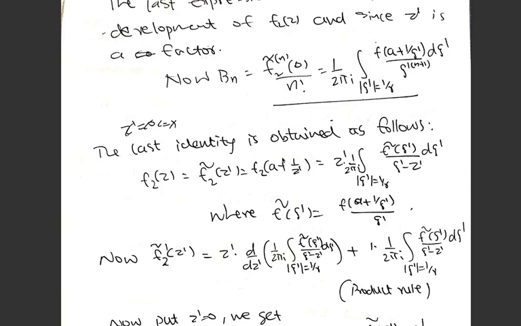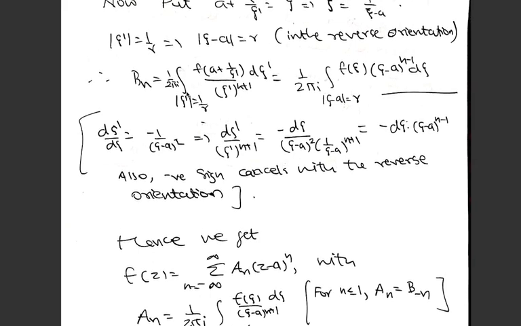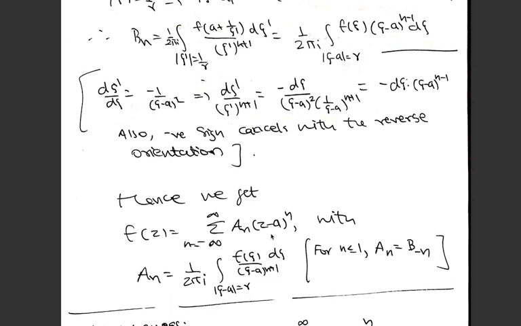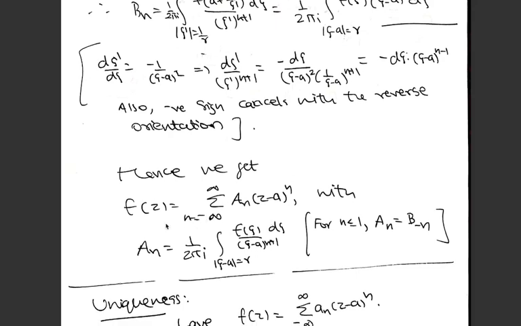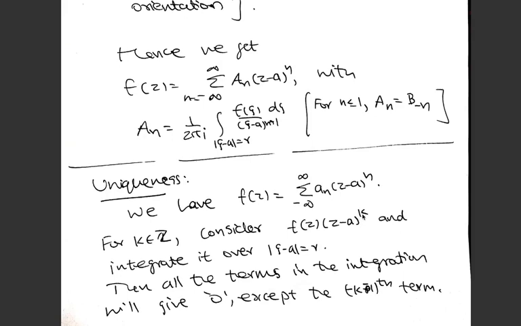So this expression. Now your b_n is this. Again a small change of variable, which I explained here. So this is the final conclusion: f(z) can be written as the summation of a_n (z minus a)^n, where n varies from minus infinity to infinity. Now uniqueness is very easy. Suppose you have some other expression here.